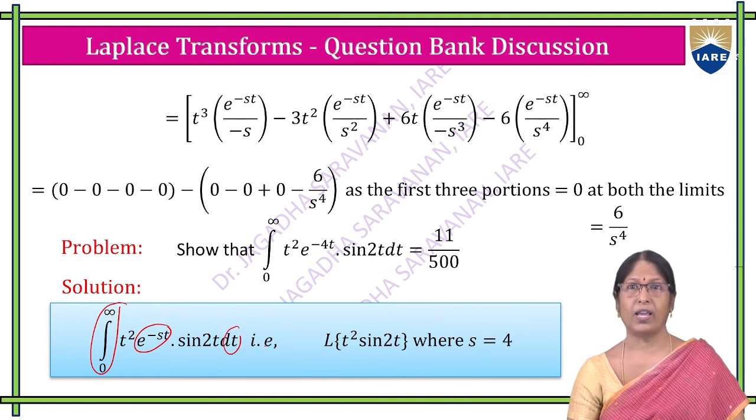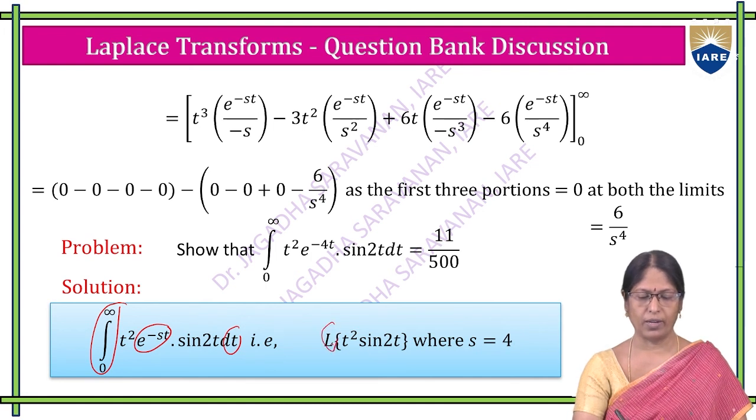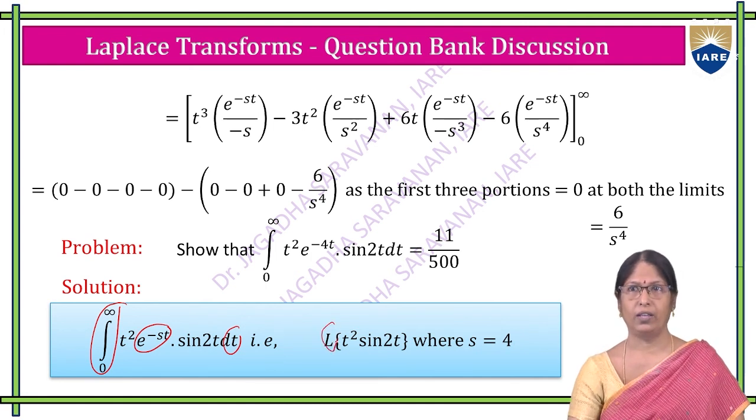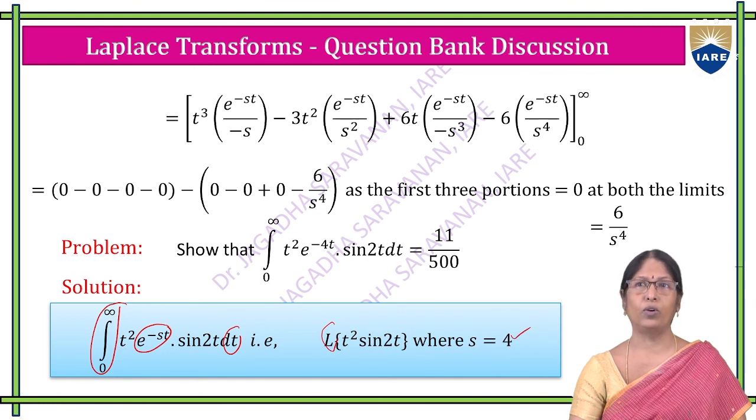It's nothing but L of, because we know the Laplace formula, L of f of t is nothing but the integral 0 to infinity e power minus st f of t dt. So what I circled comes under L, where s is playing the role.